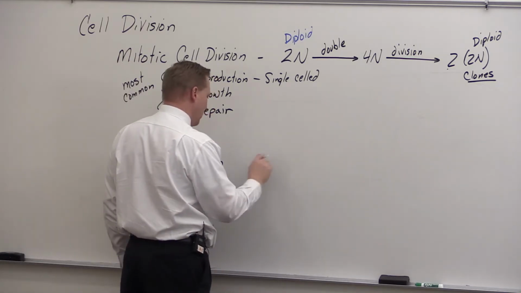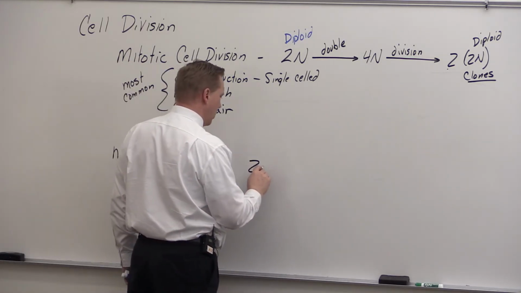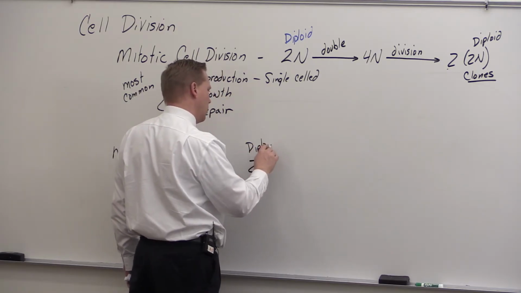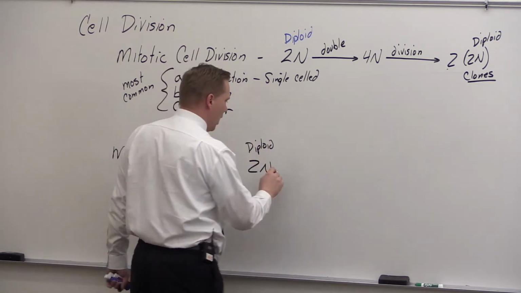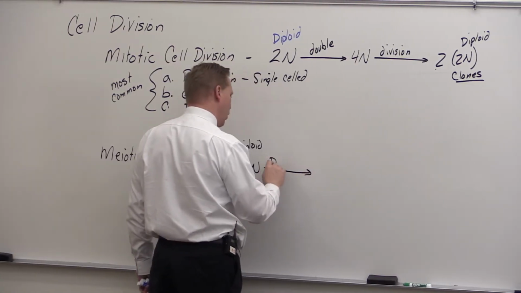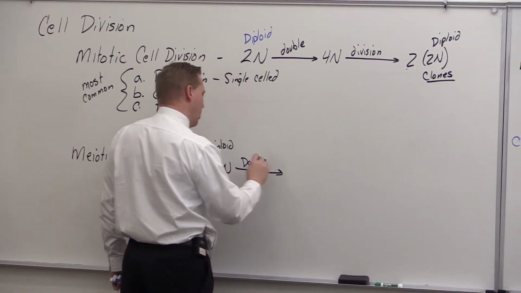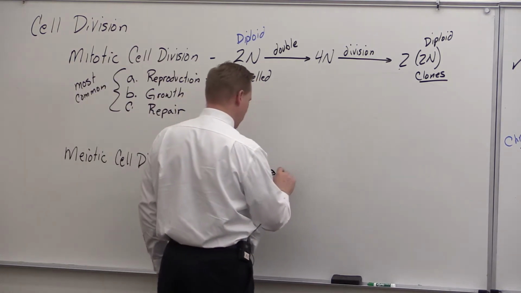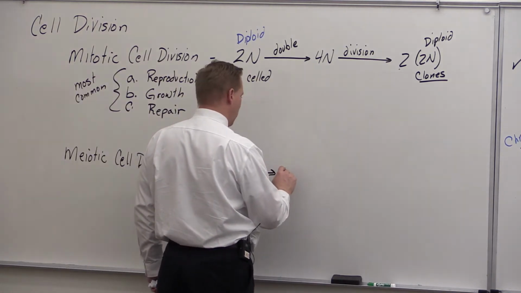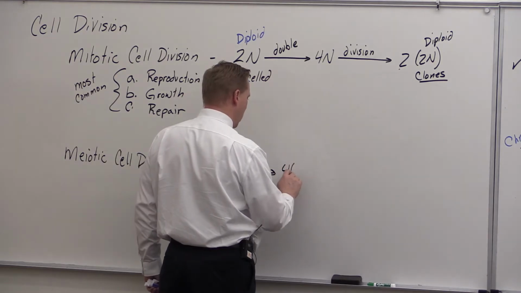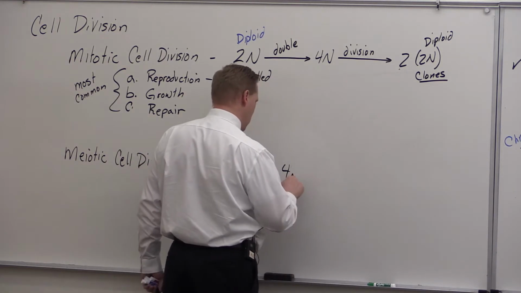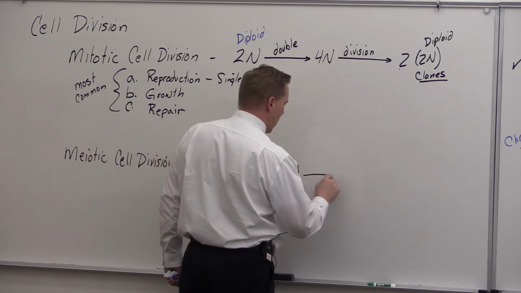And so in meiotic cell division, the formula looks a little bit like this. We're going to still start with a diploid cell, so 2N, and then we're still going to double that DNA. We'll talk more about that process in just a moment. And we form the same sort of 4N, because we've doubled it.